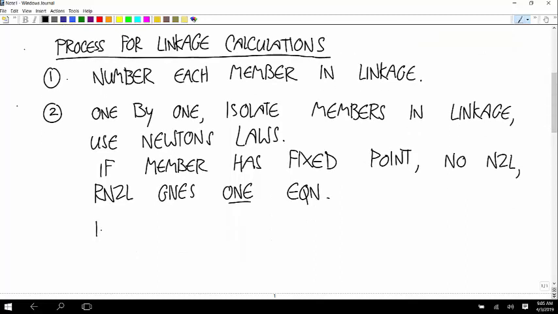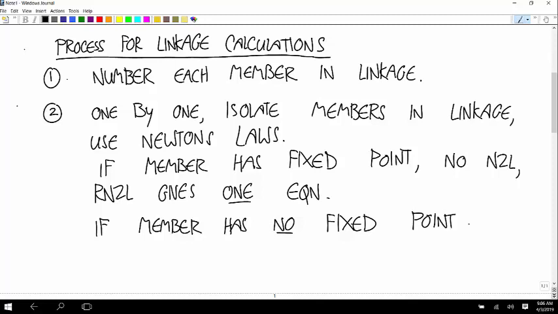If the member has no fixed point, then you get two equations for Newton's second law, and one for rotational, and so three equations.